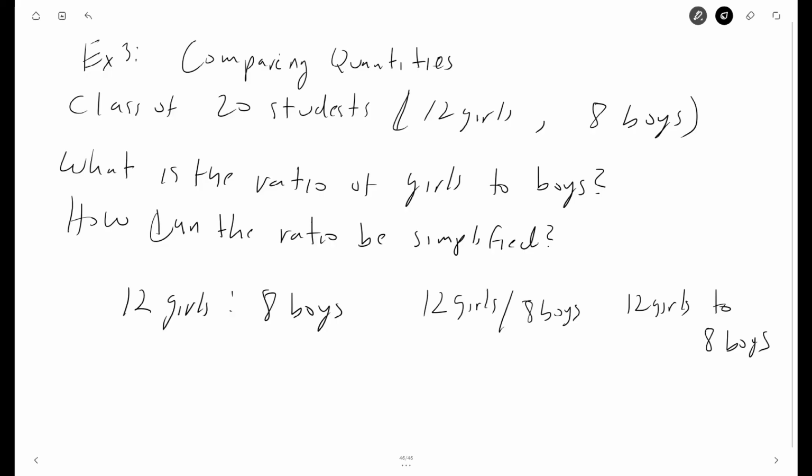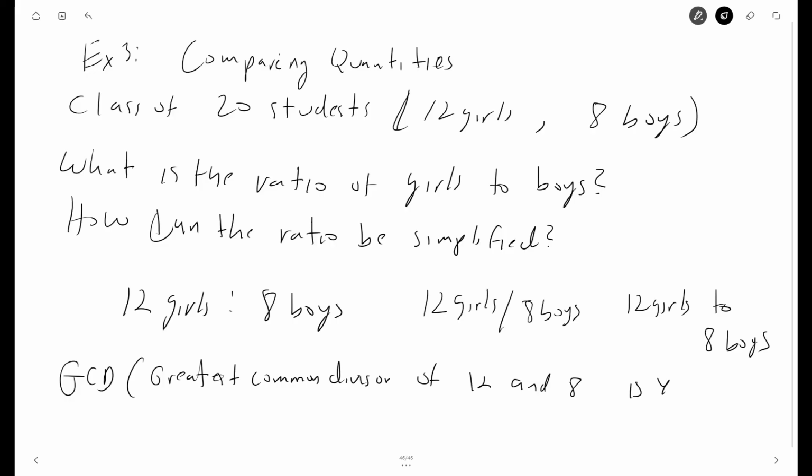So to simplify, we can do as follows. We know that the GCD, the greatest common divisor, of 12 and 8 is 4.